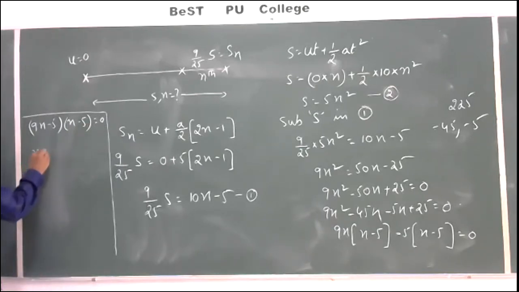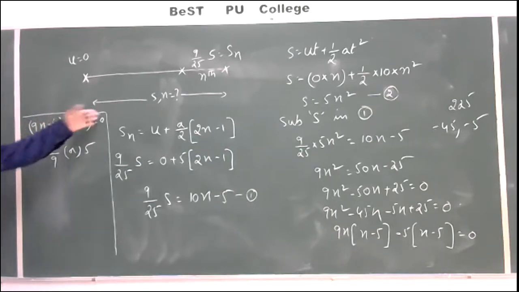Therefore, n is equal to 5 by 9 or 5. Right? n is equal to 5 by 9 or 5.